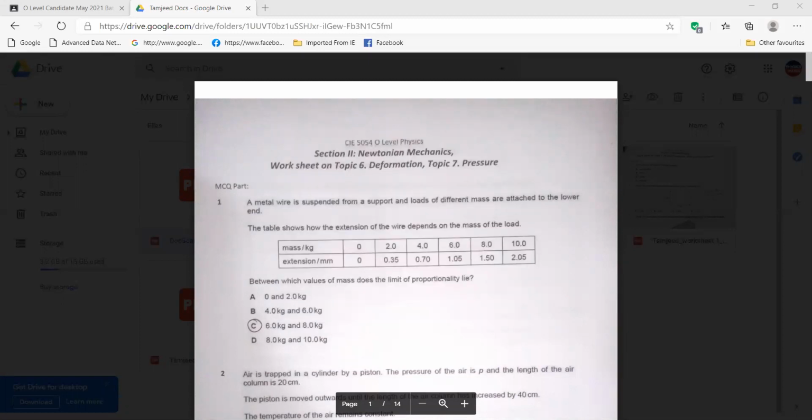Okay, so here it is. Tamjid, can you tell me the answers for the MCQ part?